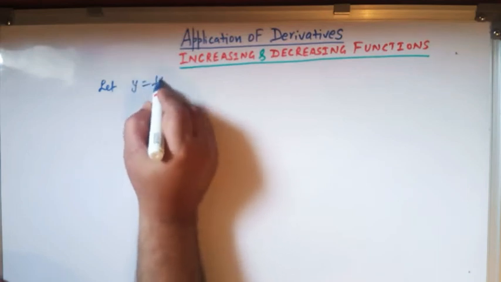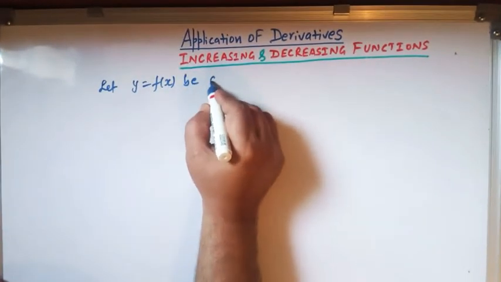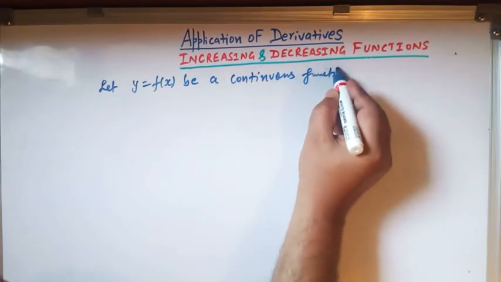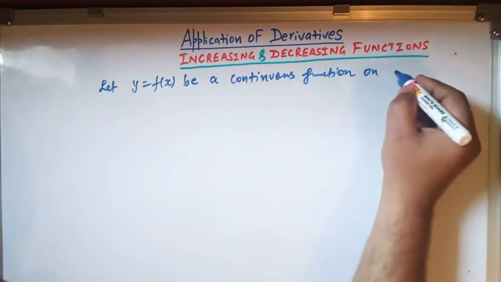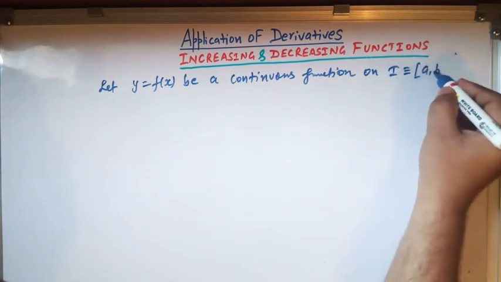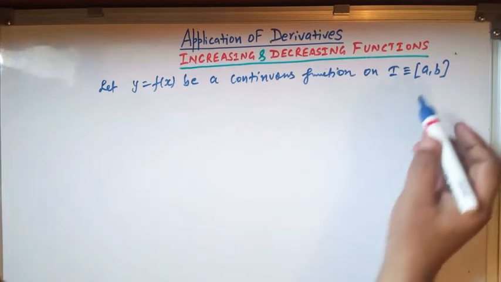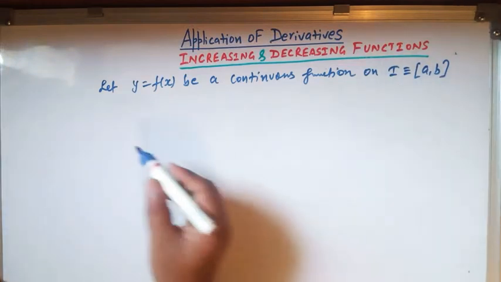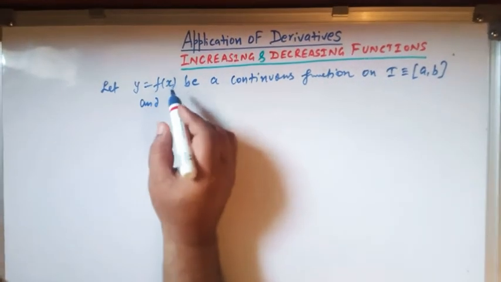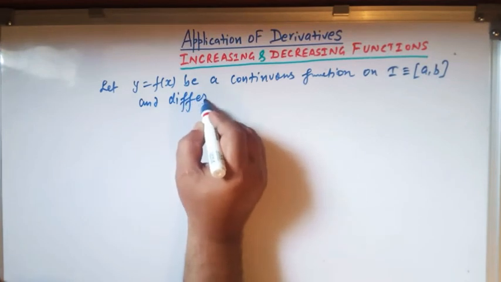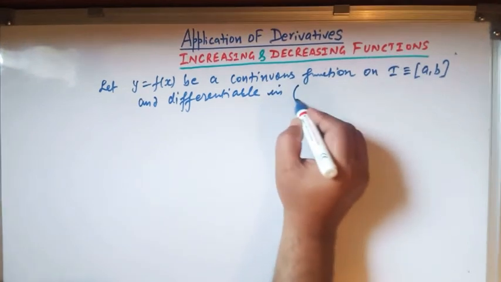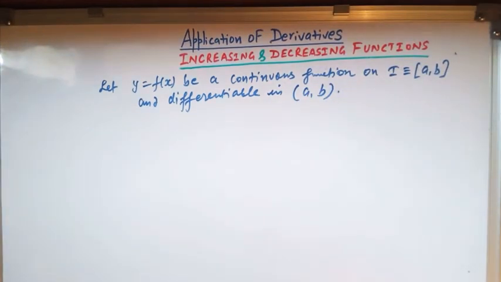So let y equal to f(x) be a continuous function on some interval I. This is the interval I, and let us take this interval I as [a, b]. This is the closed interval, and this function is continuous in this closed interval, and this function is differentiable in the open interval (a, b).